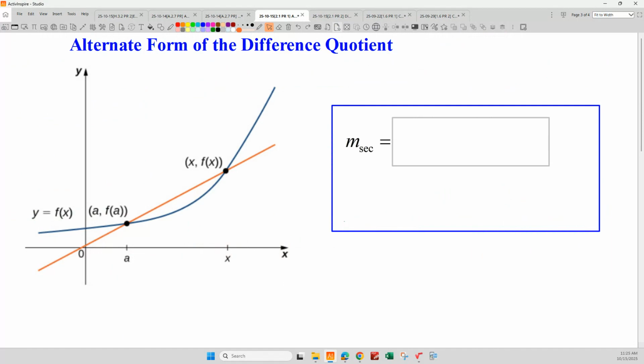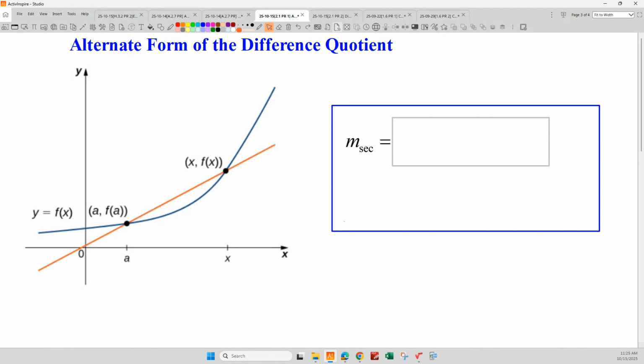Now we can do the same thing by defining those points differently. We could call this point a, f of a, and this point x, f of x, and take a limit as x approaches a, and it would accomplish the same thing. Wouldn't it migrate this point backwards as x gets closer and closer to a until it merged with this point in the limit and we created a tangent line?